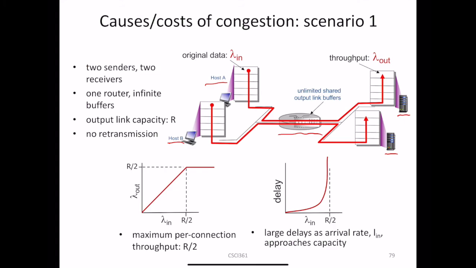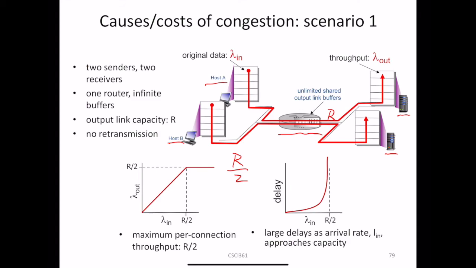That means this router can never drop packets. Also the output link capacity is R, and the assumption is there are no retransmissions. Therefore, the maximum per-connection throughput will be R divided by 2, because each host will occupy R divided by 2 of the output link capacity.